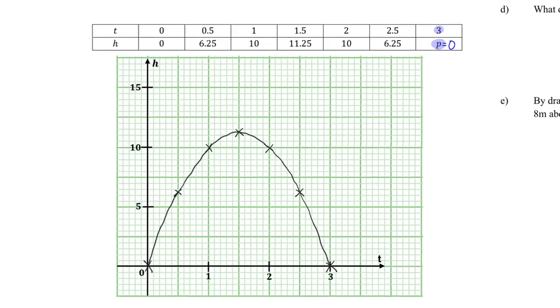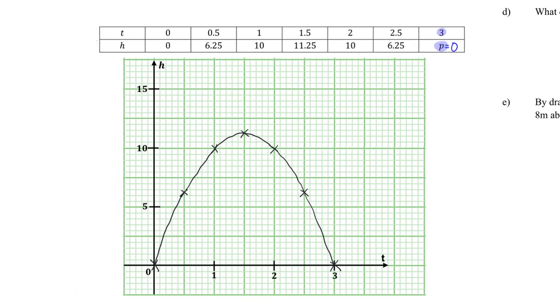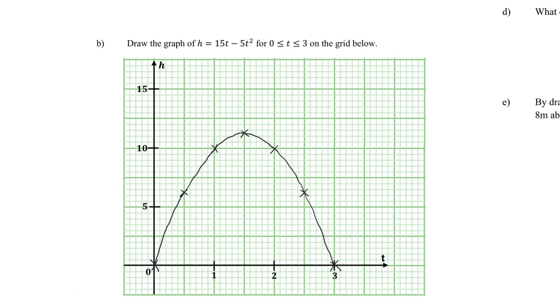And do remember, last but not least, label the graph. In this case, h equals 15t minus 5t squared. So this is something that you must write.